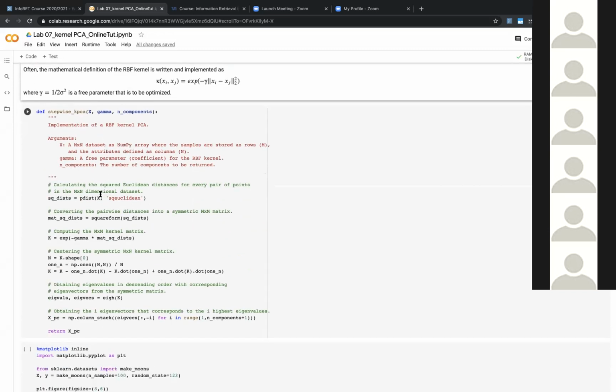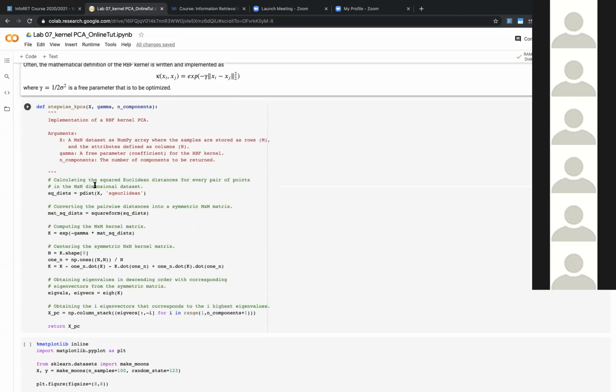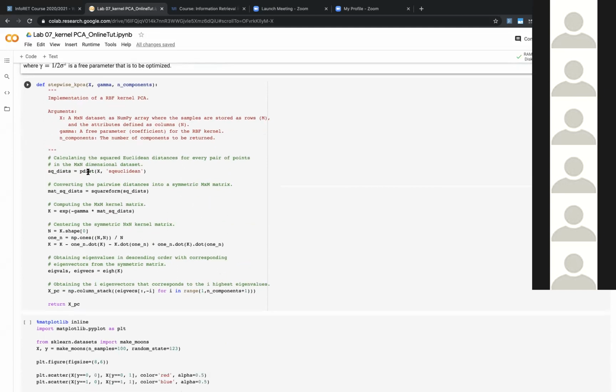Here we implement kernel PCA with the RBF kernel for principal component analysis, and we have this pdist where we calculate the squared Euclidean distance for every pair of points in the m cross n dimensional data set.